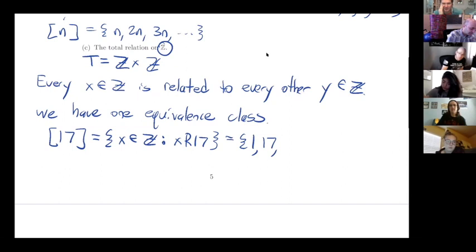Oh, so I guess every whole number multiple of 17? So the total relation is, here's an element, 17. Every other element in the set, in this case, integers, is related to 17. So 1 and 17, multiples of 17 are in there, but we're not doing modular arithmetic here. What else is related to 17 in this case? All integers from negative infinity to infinity. Yep, that would be everything.